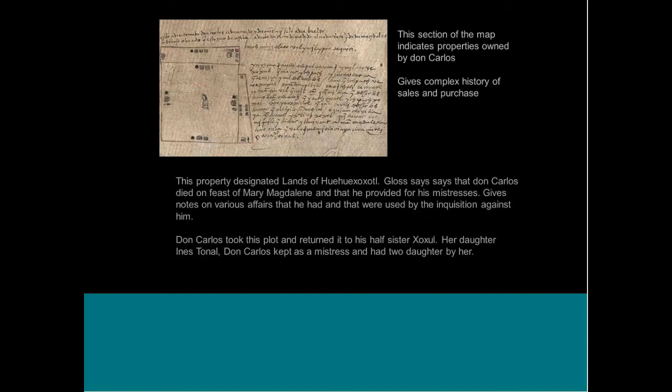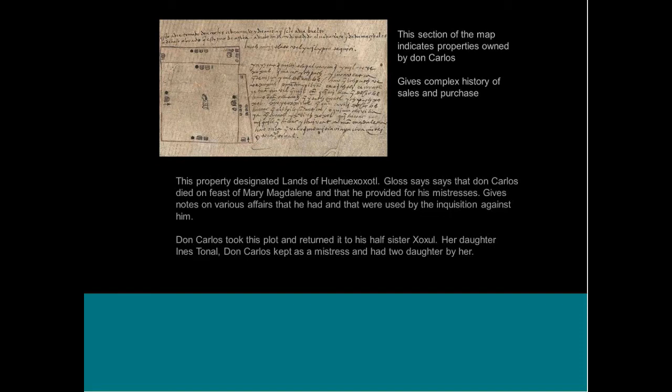The question of why Don Carlos was executed, there is some talk about the fact that he gave this particular plot of land to his sister. His sister had inherited it. Shoshu is her name, and she had inherited it, and he then managed it, and then he gave it back to her. She had a daughter whose name is Inés Tonal, and Don Carlos kept her as a mistress and had two daughters with her.